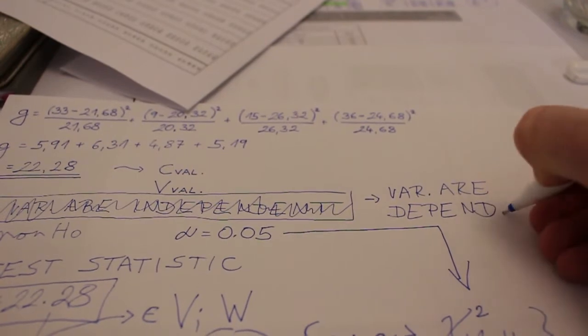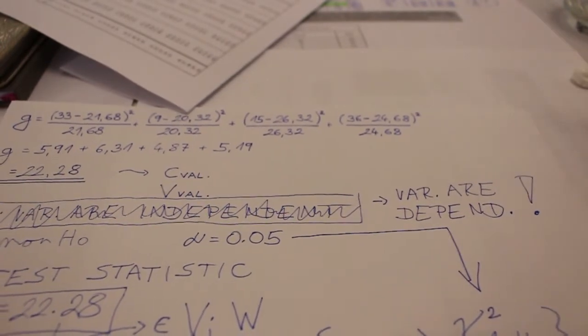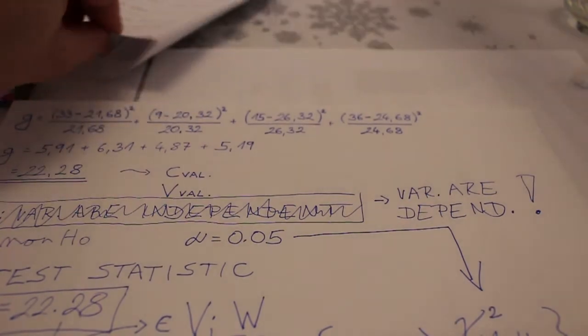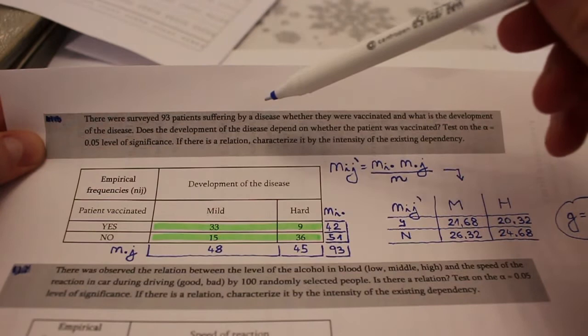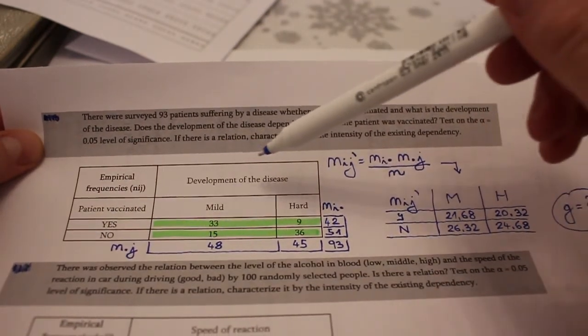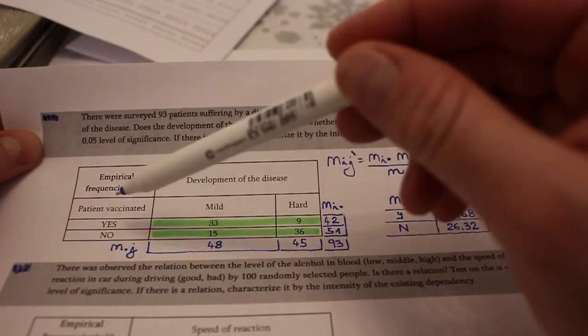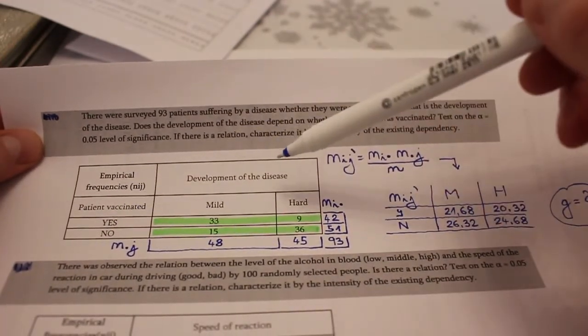Yes, variables are dependent. What does it mean? It means that there is a statistical relationship between the development of the disease and whether the patient was vaccinated against this disease.